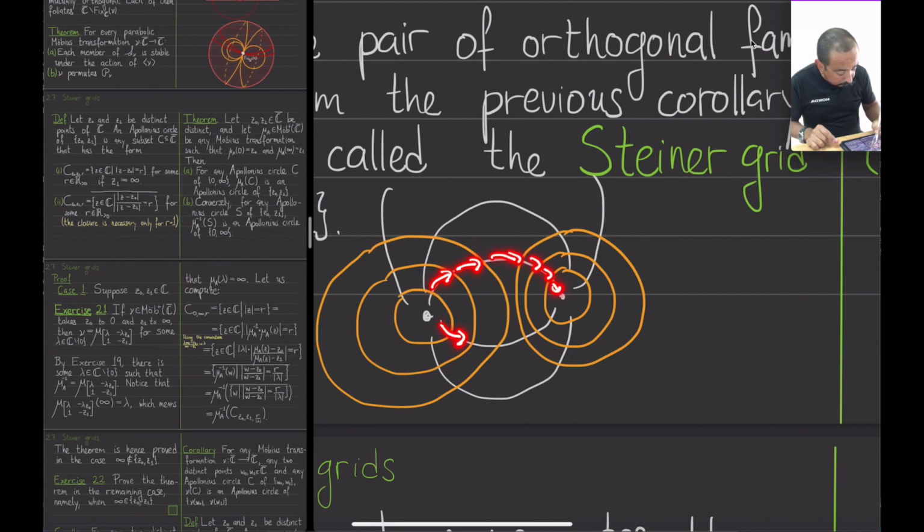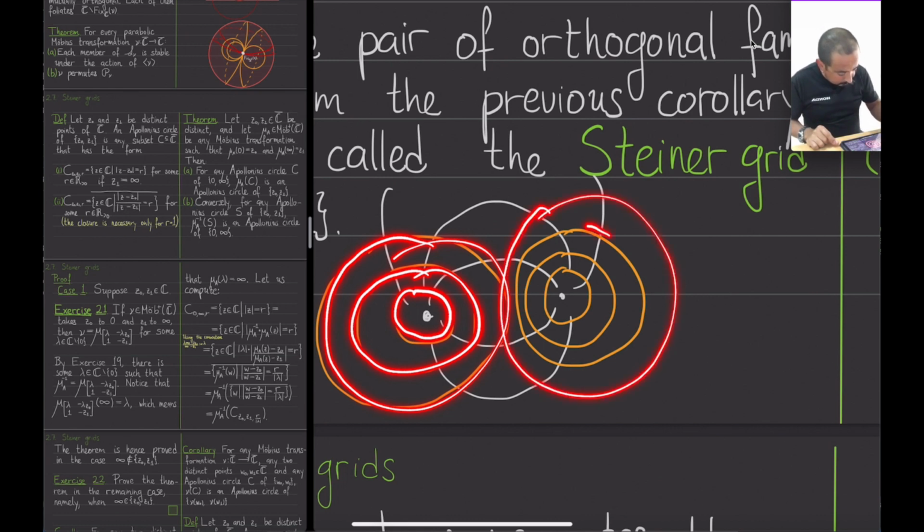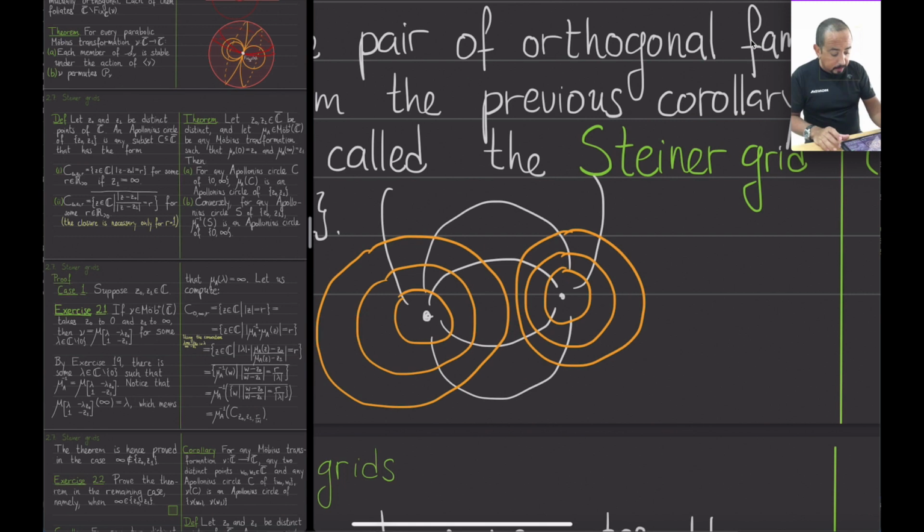So here each common circle would be stable, and these guys would be mapped like this.